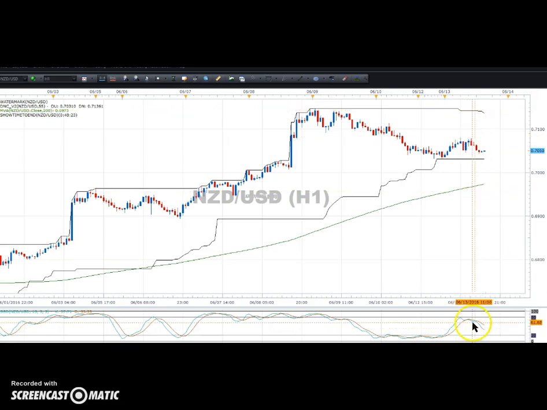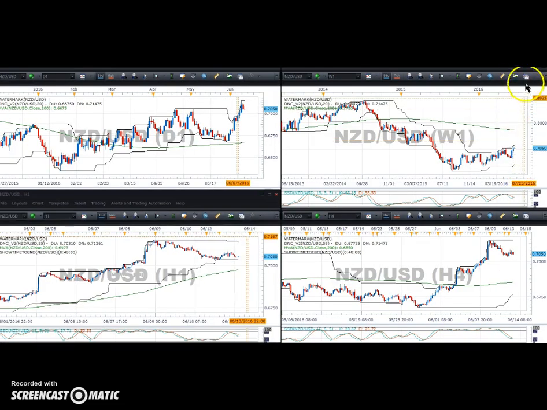Now, looking at slow stochastics, here it's got angle and separation to the downside because it's reflecting this move to the downside. So we may have some more downside here, which is fine. It's not a race. It's just I'm waiting for my trading edge, my ideal setup. And according to Donchian channel strategy, that's going to be when the upper channel gets taken out, if it gets taken out.